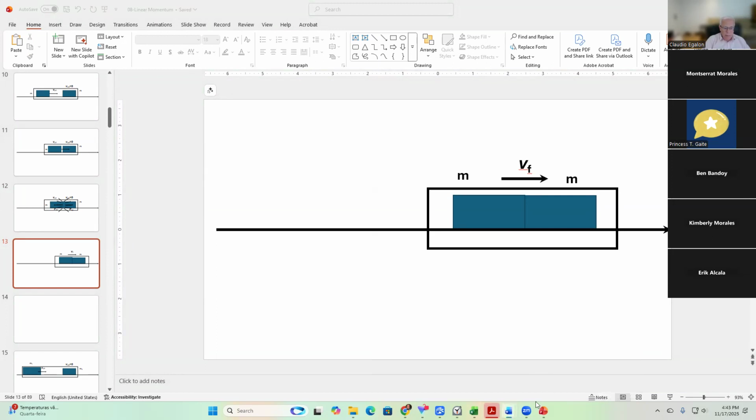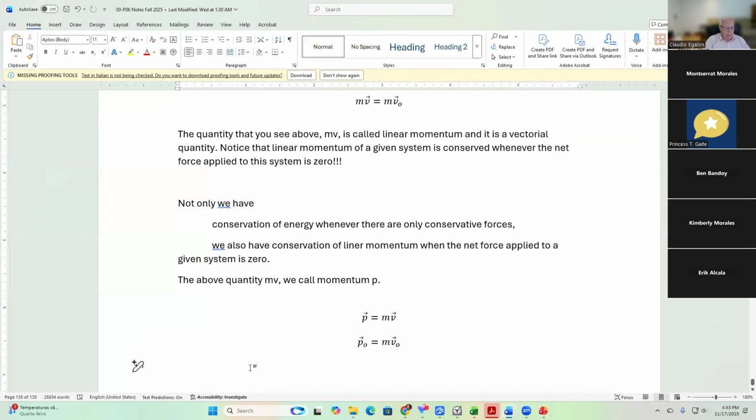I'm going to document everything that I told you here before, right? Consider a single mass alone moving over a frictionless surface with constant velocity.